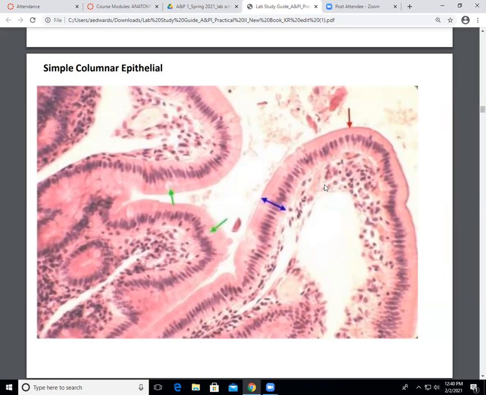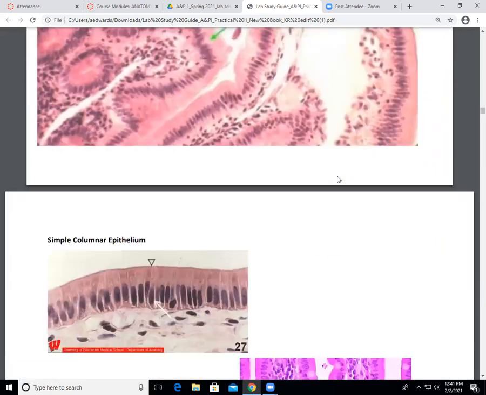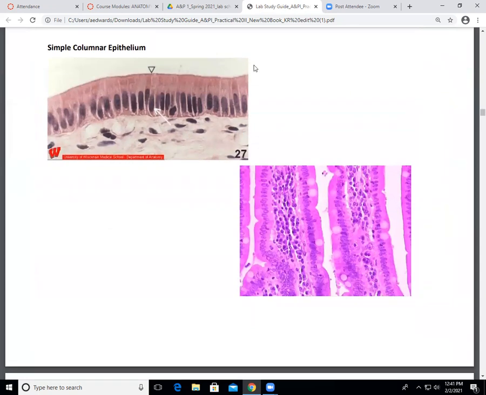And again, this is why I don't say top and bottom, because it just depends on where you're looking on the slide, right? So you have essentially like a basement membrane or basal surface and an apical surface that opens to the quote unquote outside. It may not be outside of your body, but all right.